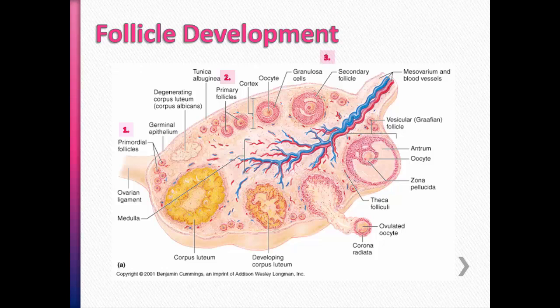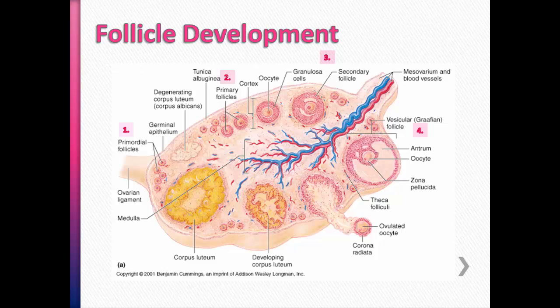In the secondary follicle, you really only get one or more follicles every month. These follicles usually are more than 1 layer thick. The cells are now called granulosa cells, and these granulosa cells can communicate with the developing oocyte through gap junctions.